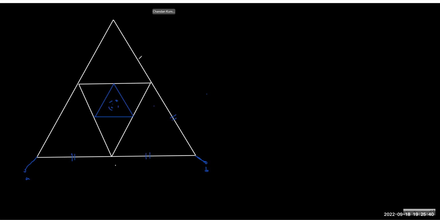But what is interesting here is that every time you enter the triangle, the C becomes double.